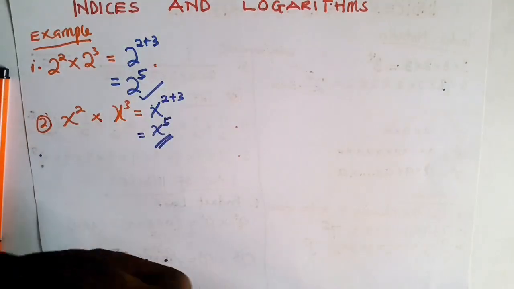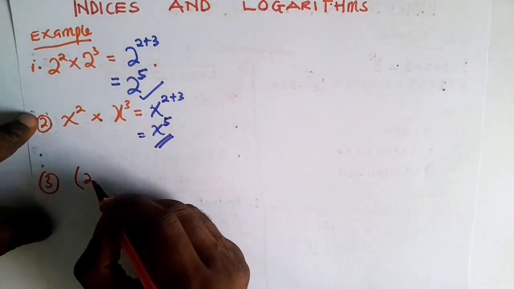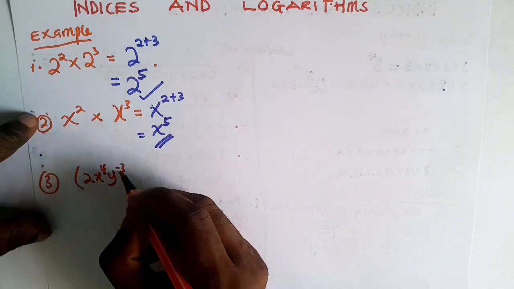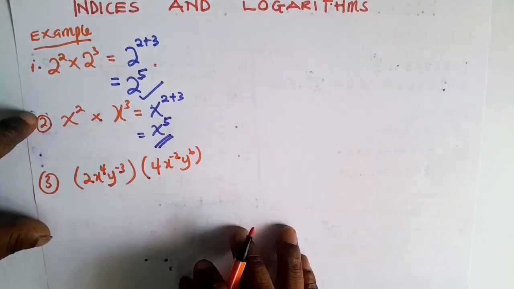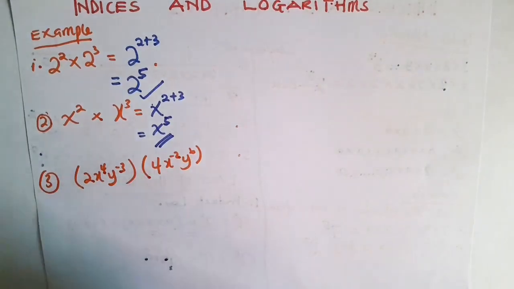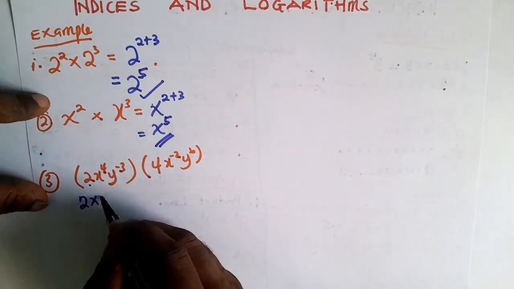Let's take another one. So we have 2x power 4 y power negative 3 times 4x power negative 2 y power 6. Let's look at the solution. In this case, the bracket means multiplication, so you just have to multiply the numbers, 2 by 4.